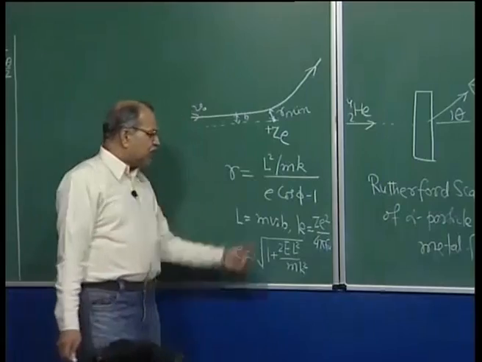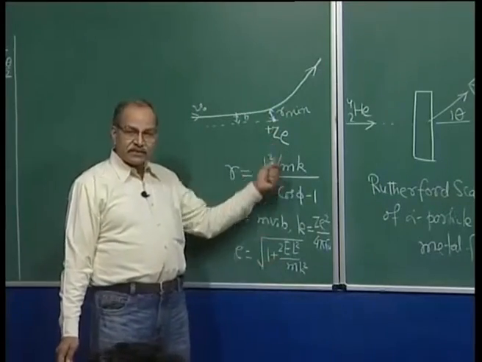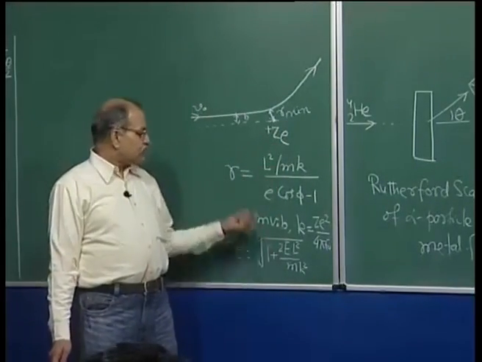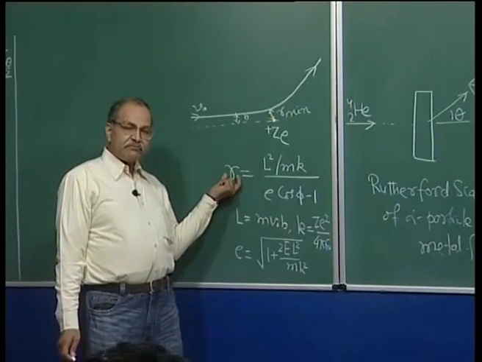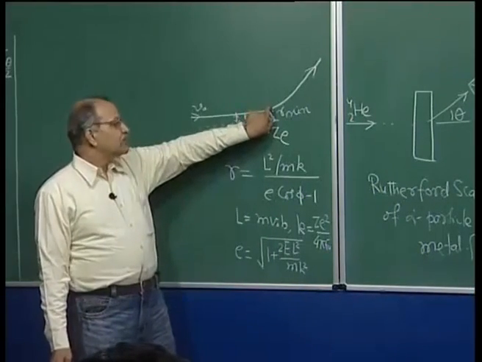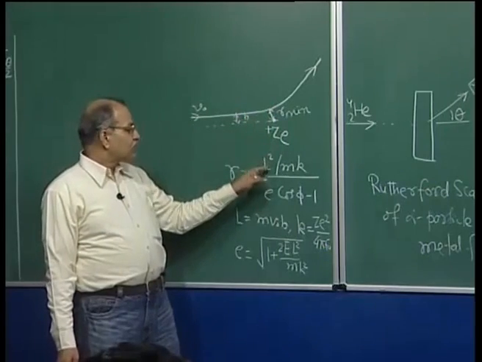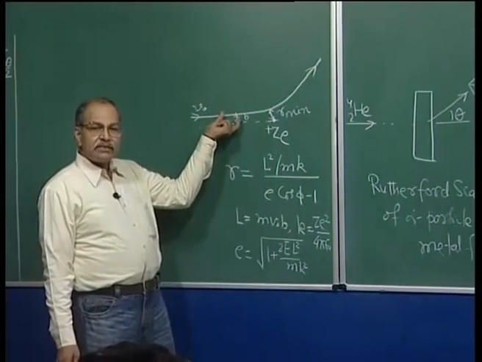All those things I do not need, I will not do any analysis on that, but using these things you can find the minimum value of r, if this angular momentum or this impact parameter is known.